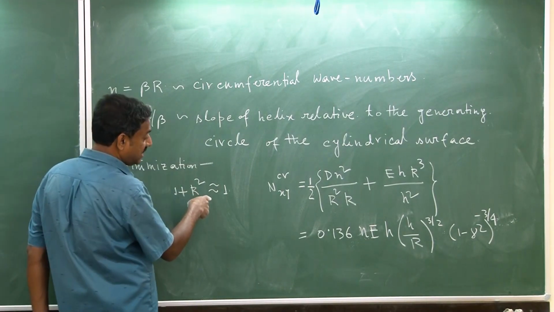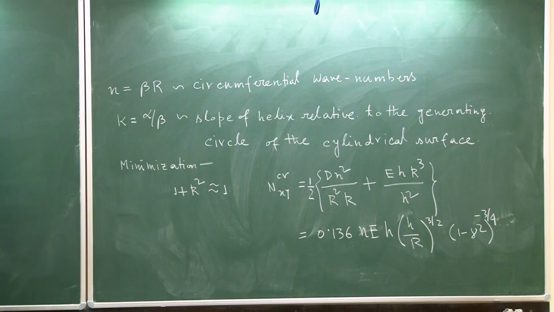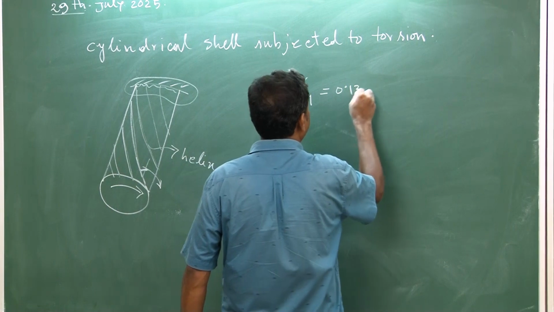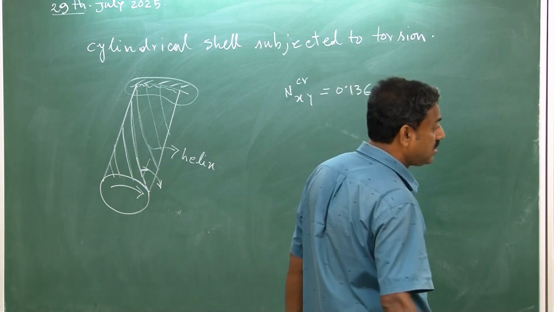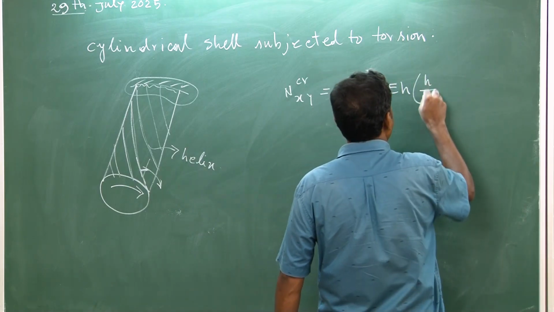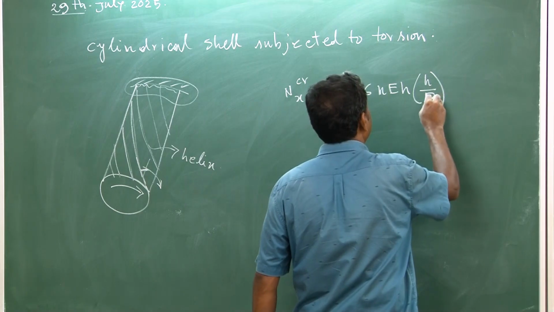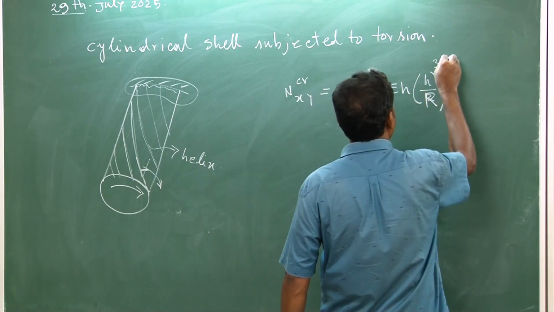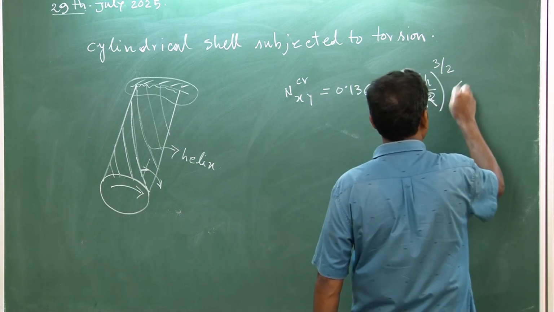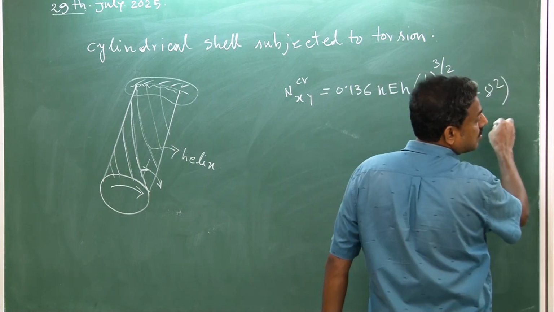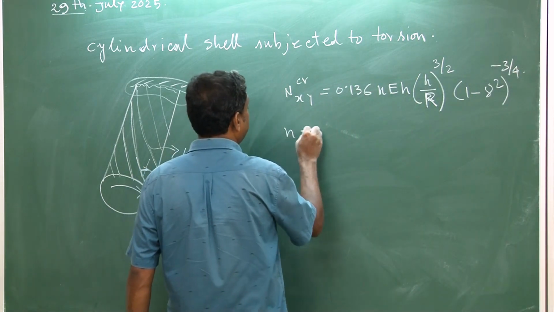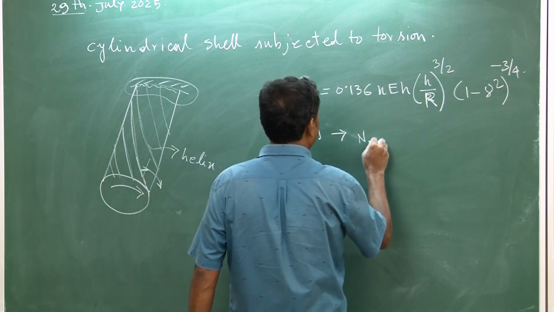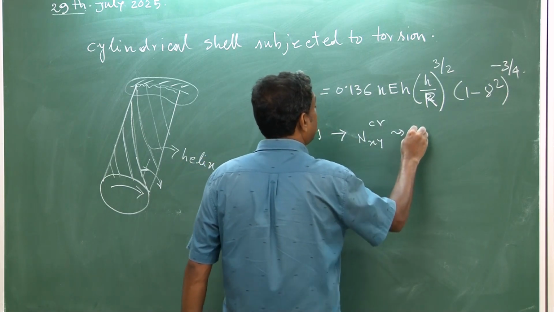So, that is what this simplification can be made and then ultimately, what we see is nxy critical is 0.136 n E h by r to the power 3 by 2, 1 minus nu square to the power minus 3 by 4. So, here you see that n is equal to 1, then only nxy critical attains the minimum.